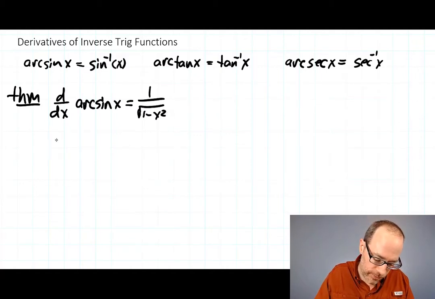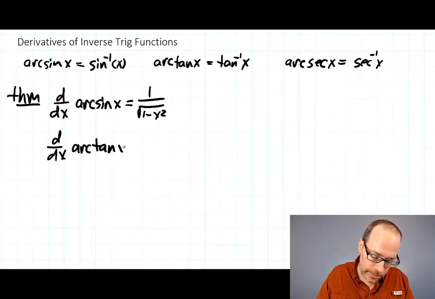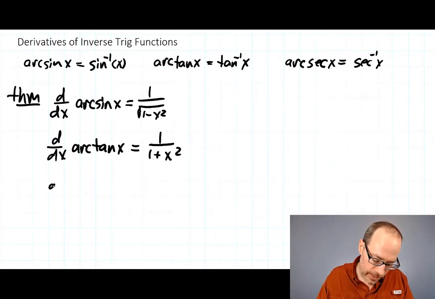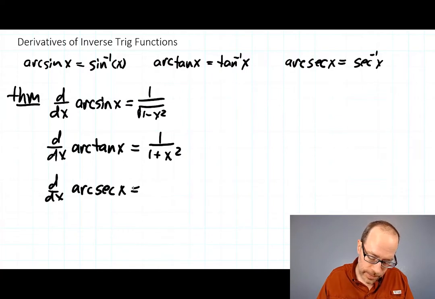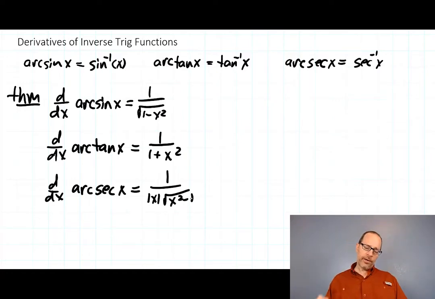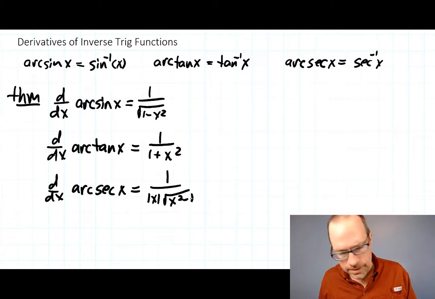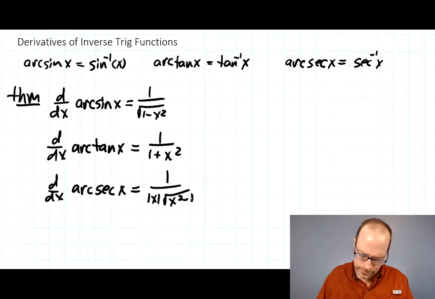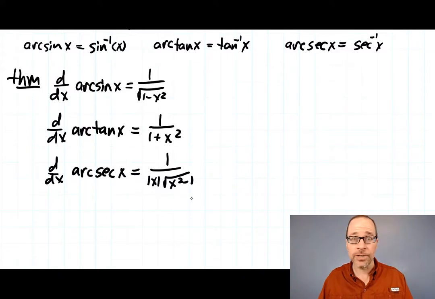The derivative of the arc tangent is 1 over 1 plus x squared, and the derivative of the arc secant is 1 over, well, technically square root of absolute value of x, x squared minus 1. There are arc cosines and arc cotangents and things like that, but really these are the three that are going to matter most for calculus, especially when you start doing integration theory.